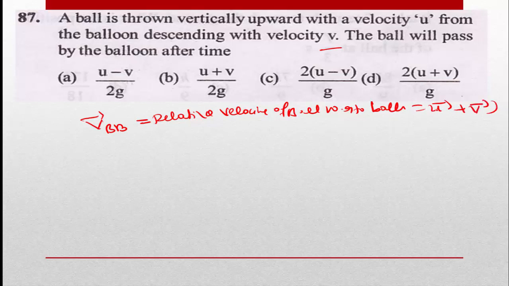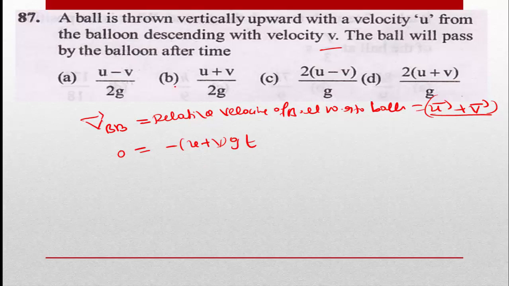Ball velocity is u, balloon velocity is v. The relative velocity of the ball with respect to the balloon, that is vector u plus vector v. Therefore, the relative velocity of the ball with respect to the balloon is 0 equal to minus u plus v into gt, because it is descending.